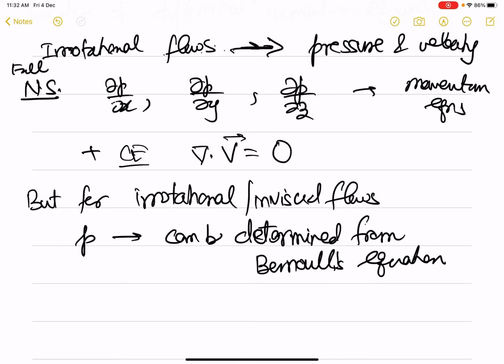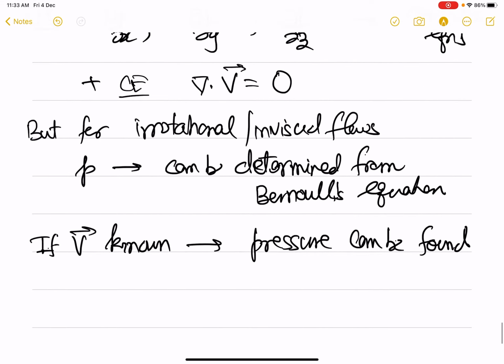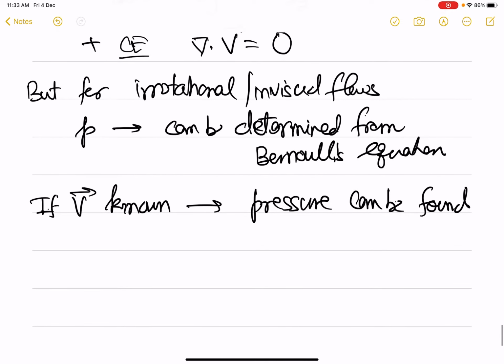Velocity we will find from the Euler's equations or some other source, but what we are saying is if velocity is known, then pressure can be found. So in some sense we can say that this is the decoupling of the pressure equation and the velocity equation.